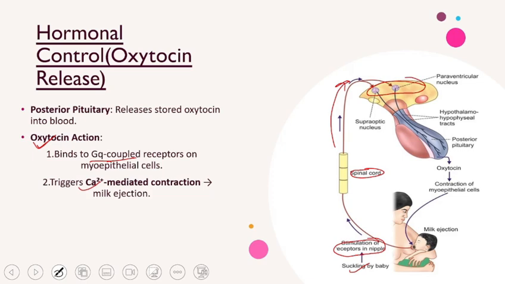That will send the stimulus to the Herring's bodies which store oxytocin, and then that is released, and the oxytocin binds to the Gq coupled receptors present in the myoepithelial cells, and then triggers the contraction of those myoepithelial cells, finally leading to the milk ejection.